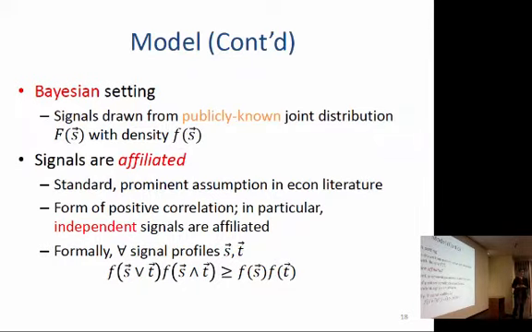First of all, I want to emphasize that this is a standard and prominent assumption in the econ literature. And what it assumes is some form of positive correlation among the signals. So what you see, this inequality is the formal requirement.